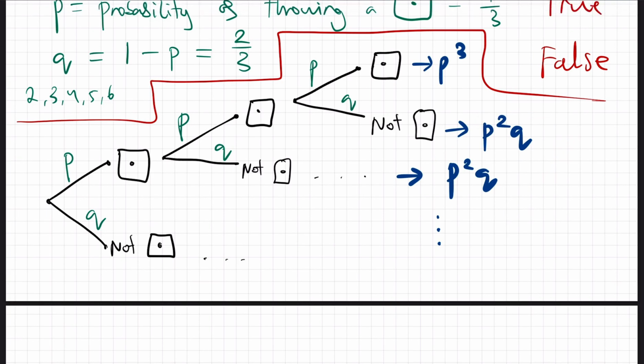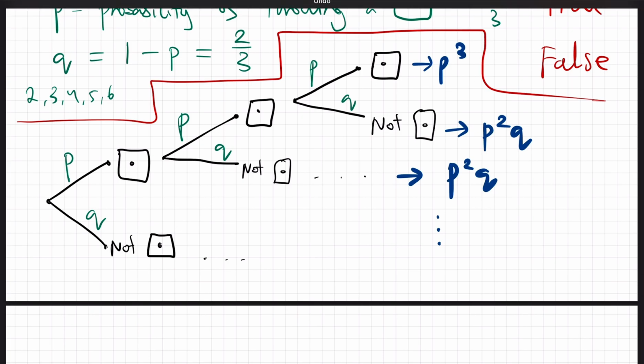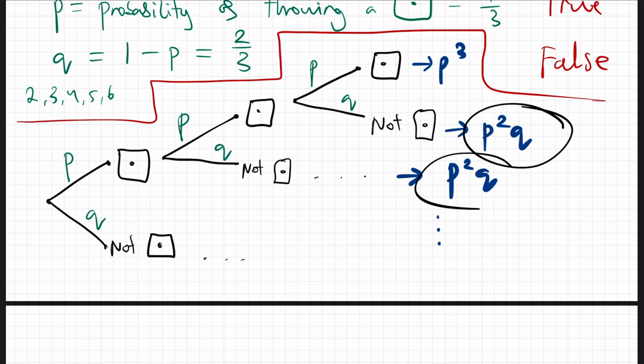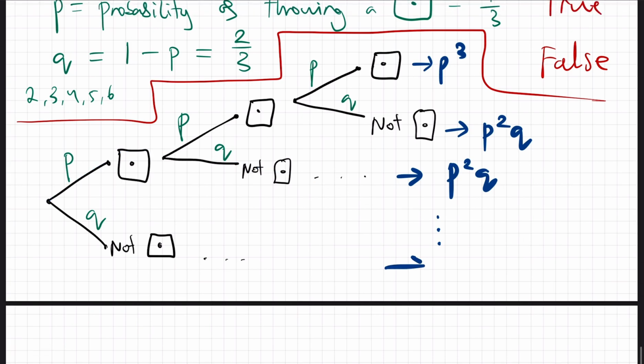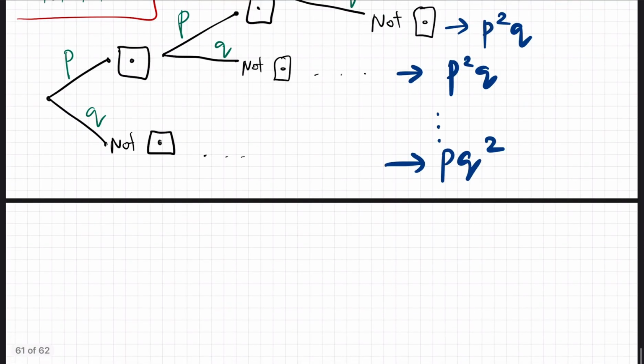Well, luckily for us, if you notice now, we've got P cubed, we've got P squared Qs, and we also have other probabilities, like if we have PQQ, that's also going to give us a PQ squared, and if we go QQQ, that's going to give us a Q cubed, like so.